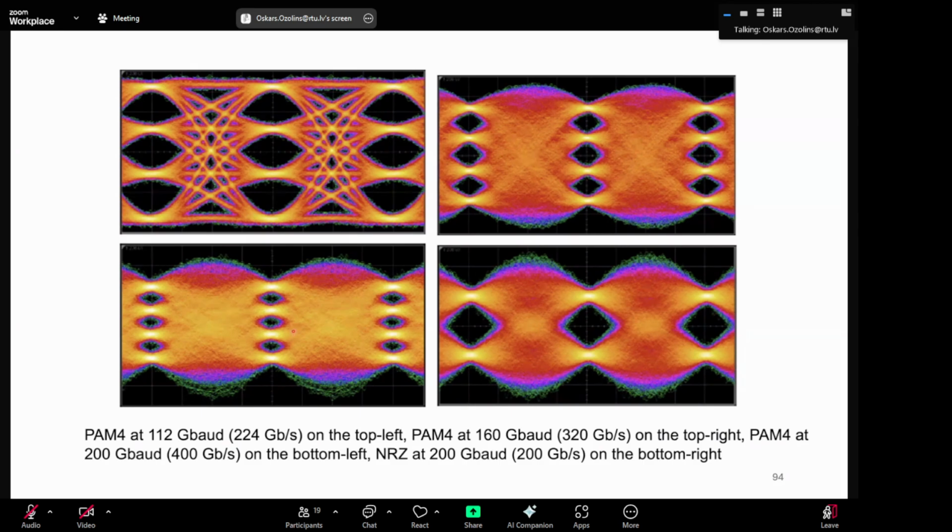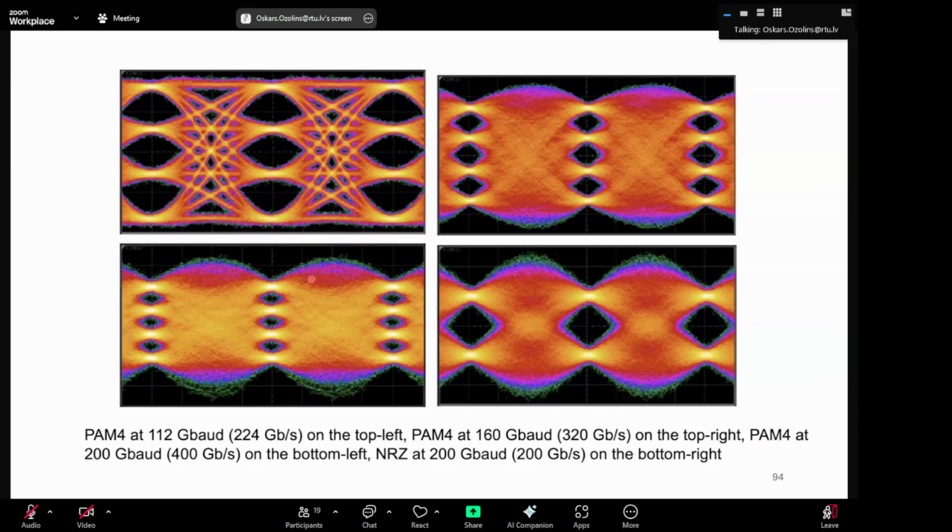So the implementation penalty, or if you measure the bit error rate, this one is most likely error free in an observation period of maybe 5 minutes. This one, it's hard to say. It can be error free, but it can also have some errors which can be corrected within the forward error correction limits.